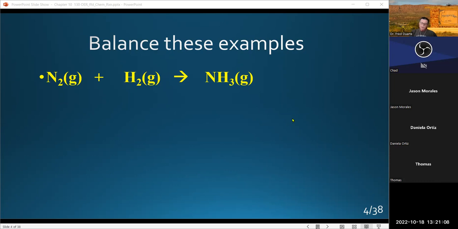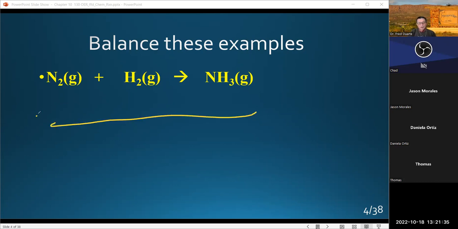And we know that nitrogen and hydrogen are both diatomic, so we're going to make sure we write it in the diatomic form, okay? All right, so one way to attack this problem, these are the type of reactions that are basically going to be like a trial and error, okay? But no big deal here. We can break it down. I'm all about systematic approach, so let's break it down.